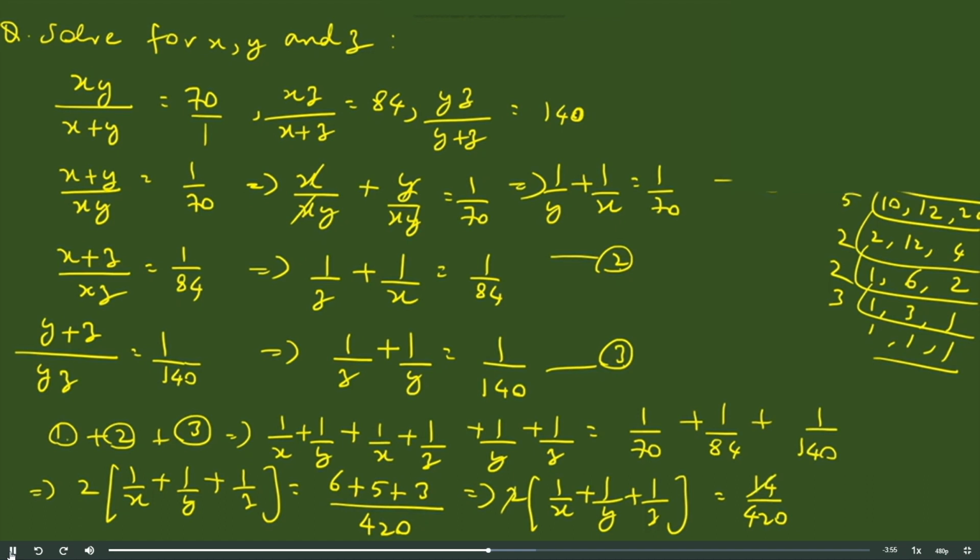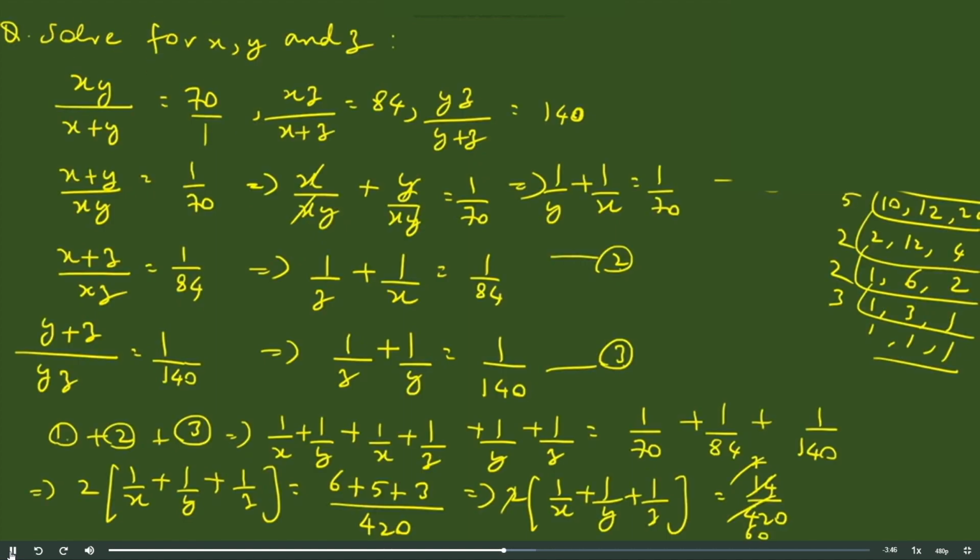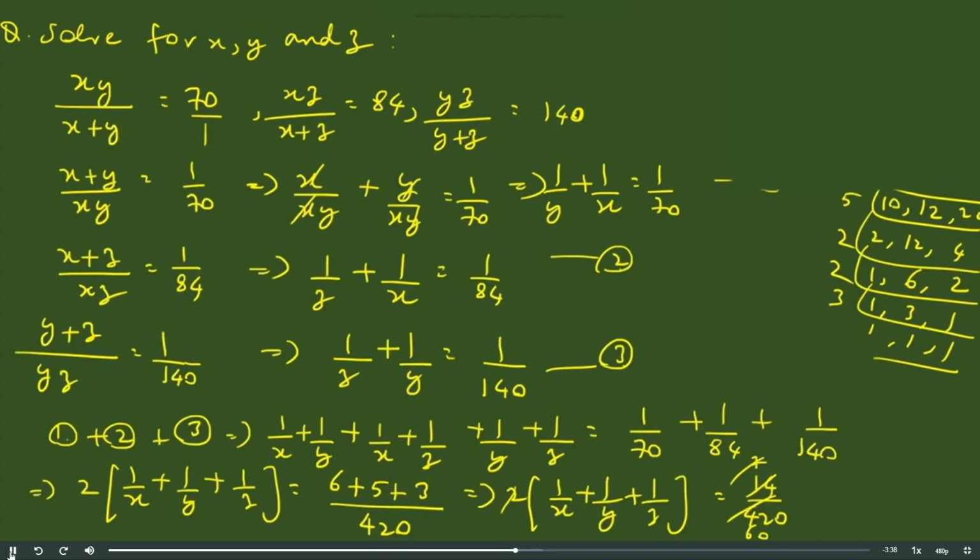I will simplify here. 1 by x plus 1 by y plus 1 by z is equal to 1 by 60. Now if you see this equation, we can call this equation 4.